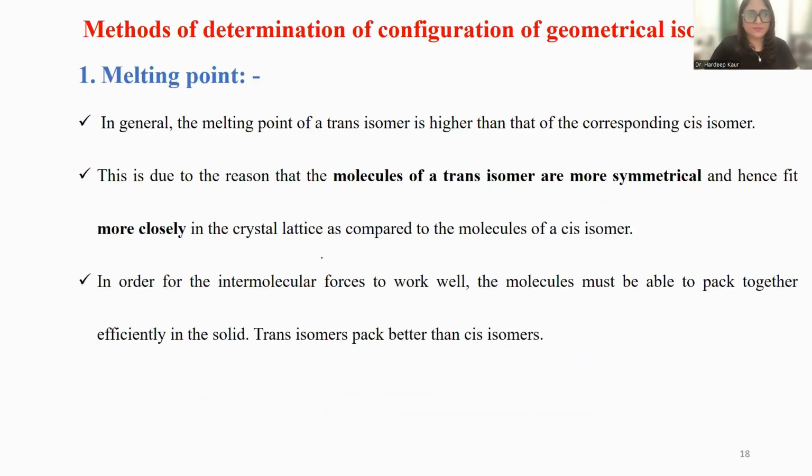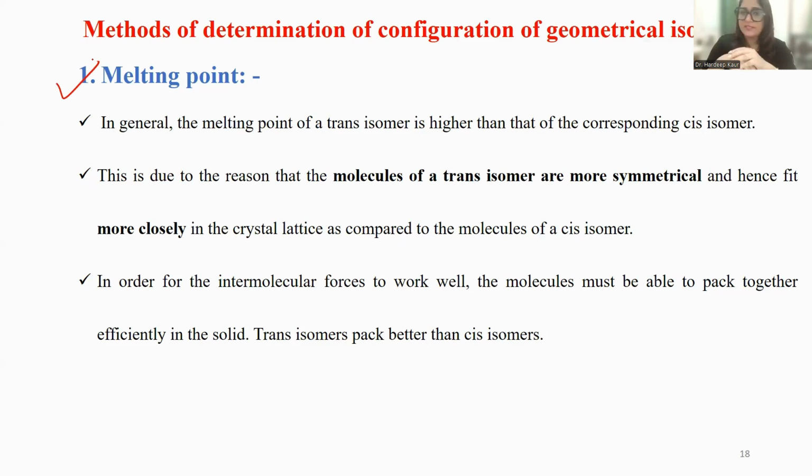These are configurations. So the question is, can we determine the configuration of geometrical isomers? Yes. How? The first technique is melting point. Suppose you have one cis compound and another trans compound. How will the melting point decide which is cis and which is trans?